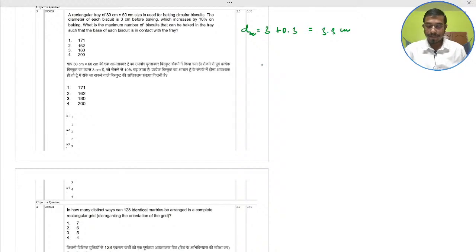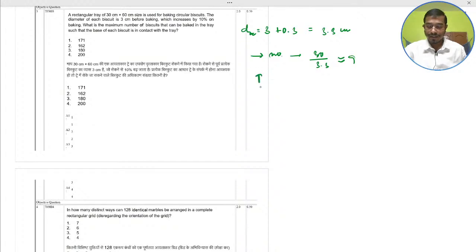Next, the number of biscuits along the vertical direction. To determine the maximum number of biscuits along the vertical direction, the number of biscuits would be 30 by 3.3, approximately 9.